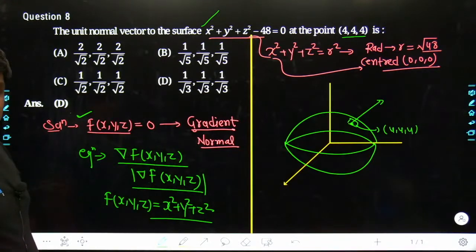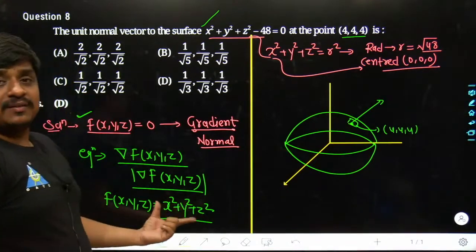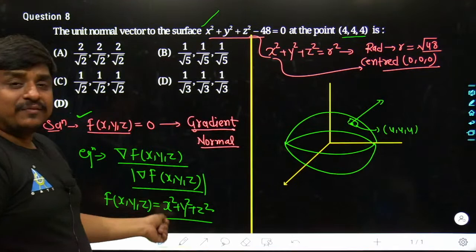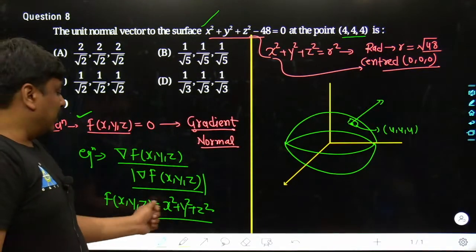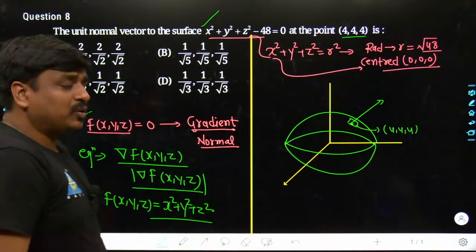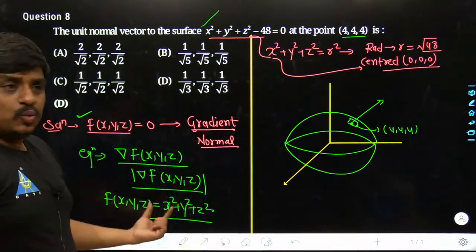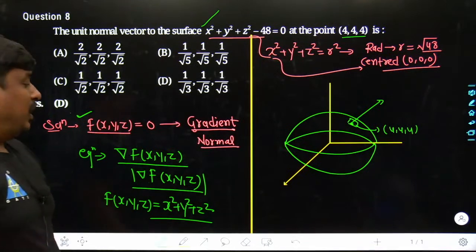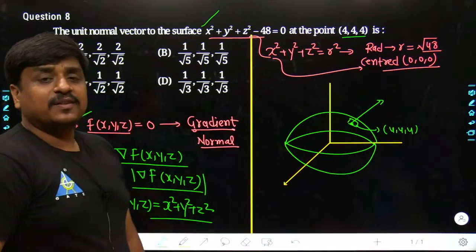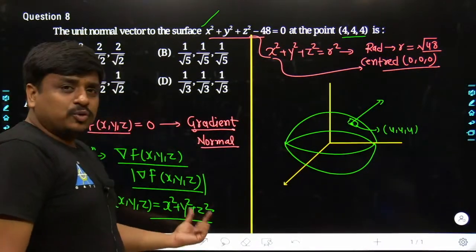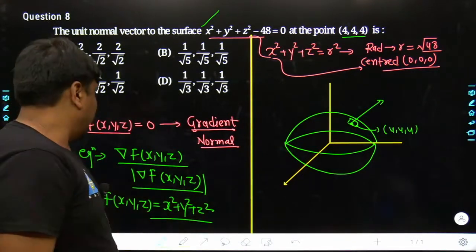How is the gradient taken? You had to differentiate partially with respect to x. So what is left is simply 2x, multiplied with the ax cap. Similarly, y square would get partially differentiated with respect to y. What is left is simply 2y, multiplied with the ay cap. And similarly, z square would be partially differentiated with respect to z, which would become 2z, and now it gets multiplied with the az cap.